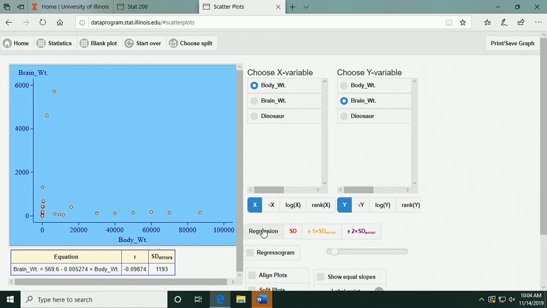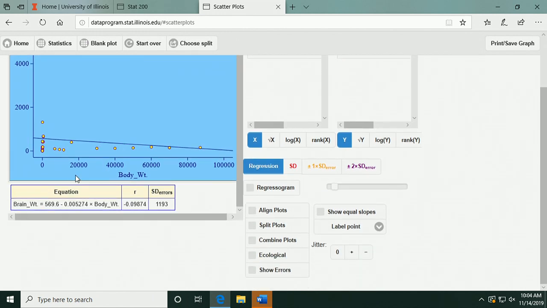And when we do a regression line, is that the same thing that's in the notes? Yes, 596, a little negative relationship between body weight and the bigger your brain, but it's basically a relationship of 0.